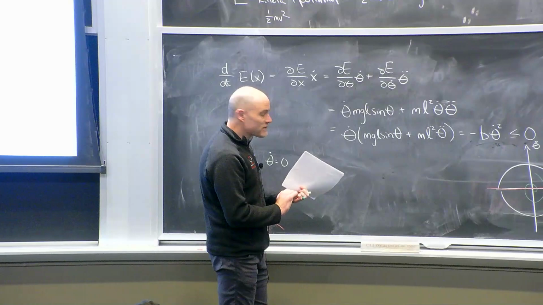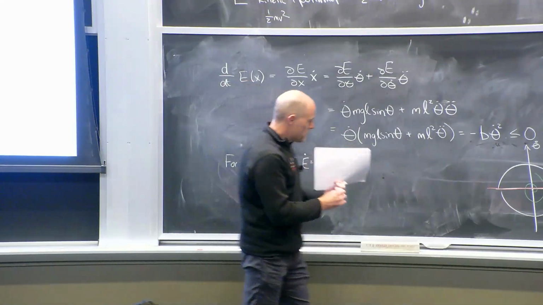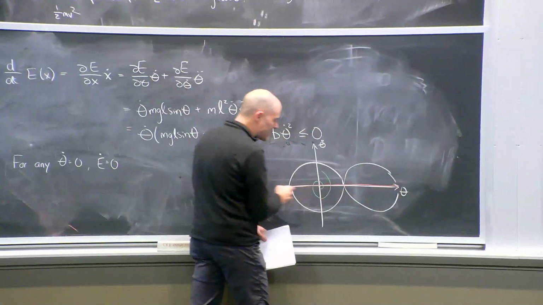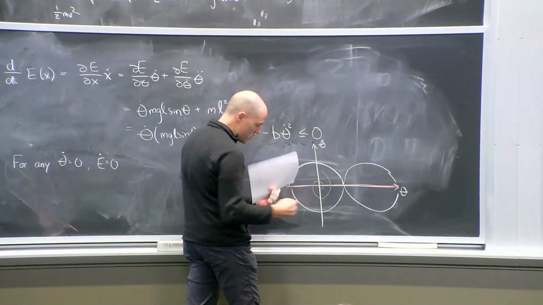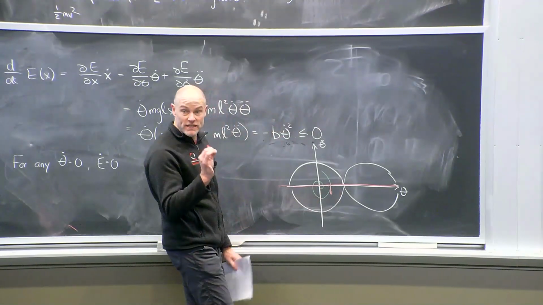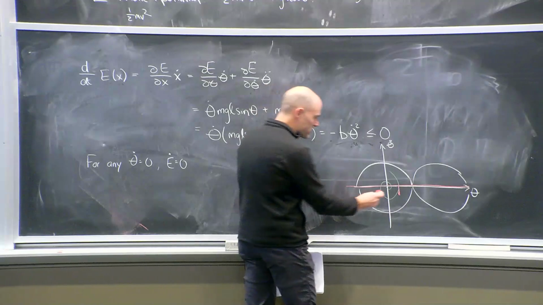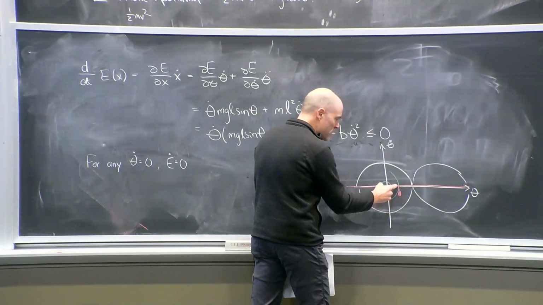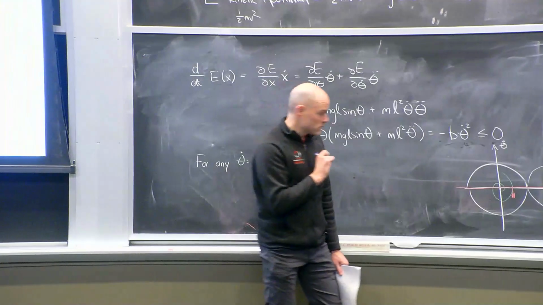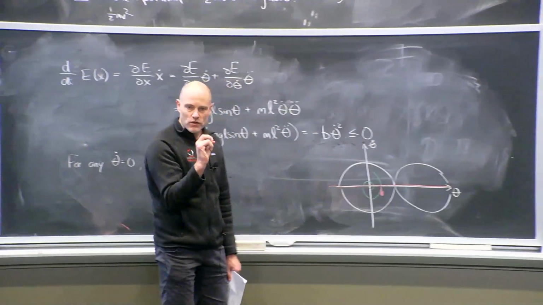And the last observation we need in order to show that it gets to the bottom is that in all the places where theta dot equals 0, it will only be getting E dot equals 0 for an instant. Because the vector field here will immediately take it somewhere else where it will start losing energy again. Even though at the moment it crosses this line, energy is not going down.